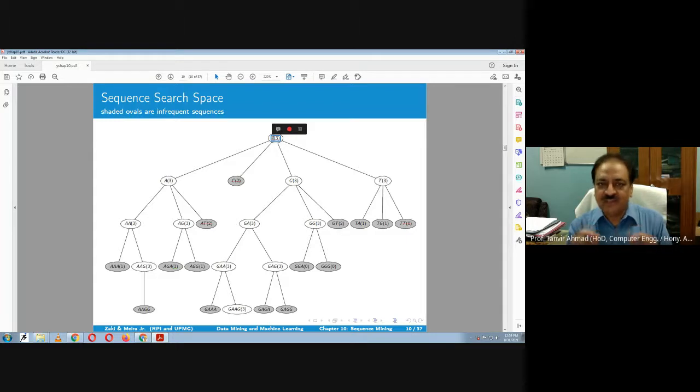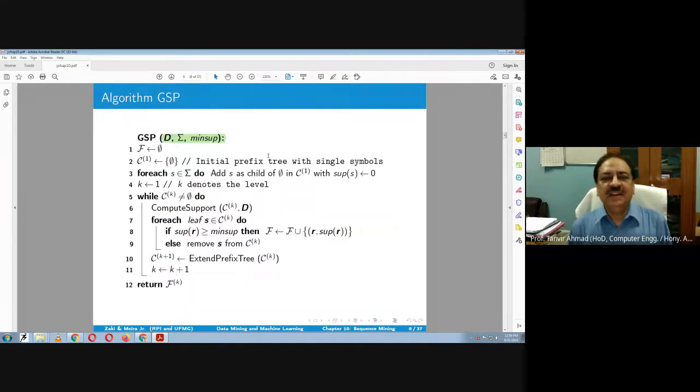But I have at least one symbol at the null level, and this will be common to all. Therefore, I put the count as equal to 3. Now I add S as a child of phi in C1, where the support is initially 0. Now I am going to calculate the support.